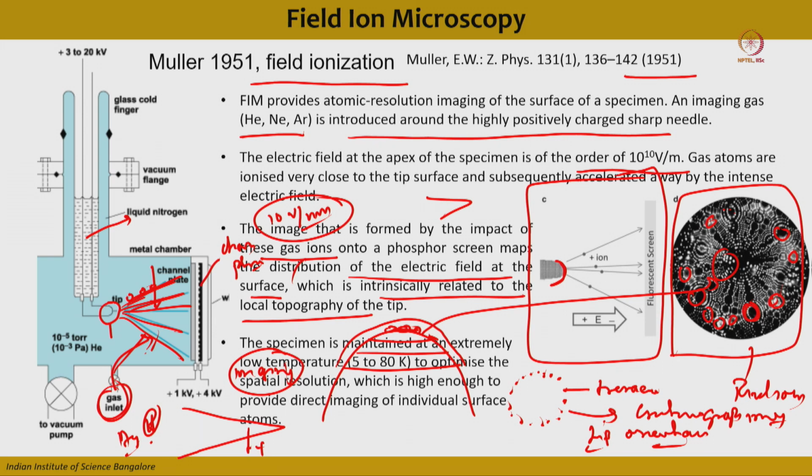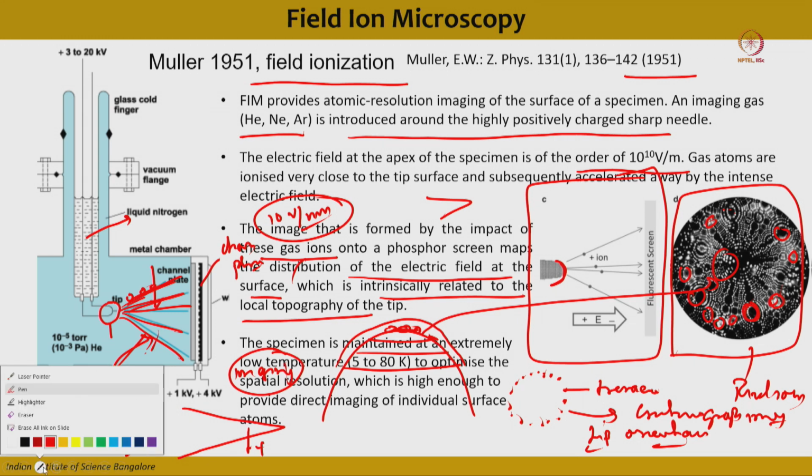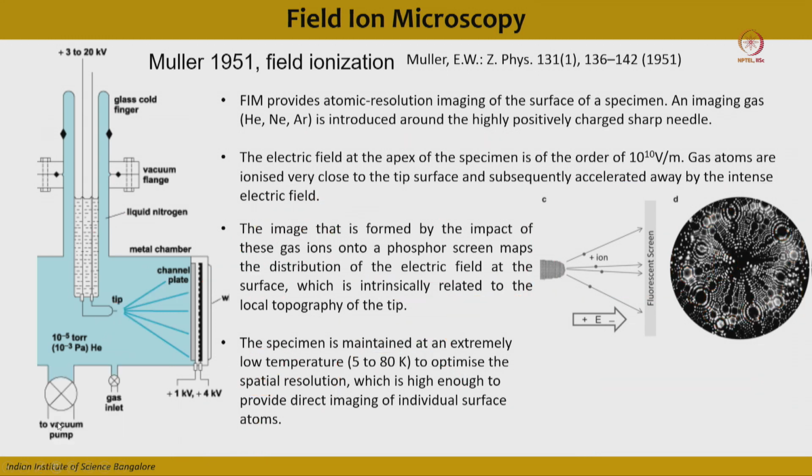So here one more important point is the specimen is maintained at extremely low temperature to optimize the spatial resolution, because at room temperature the atomic vibrations are very high.